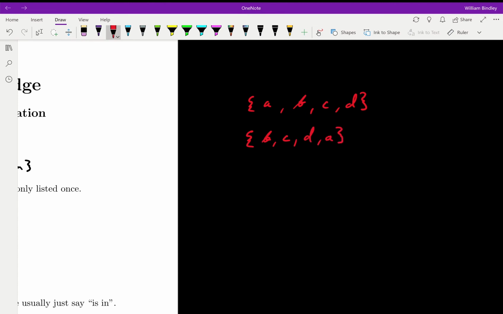Another way to think of it: suppose you're going on a holiday and you need to pack some clothes, and amongst the clothes that you pack, you include a white shirt, a blue shirt, and a pinstriped shirt. So you can think of this as a suitcase with a blue shirt, a white shirt, and a pinstripe shirt.